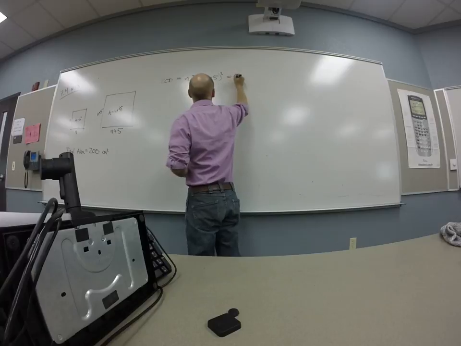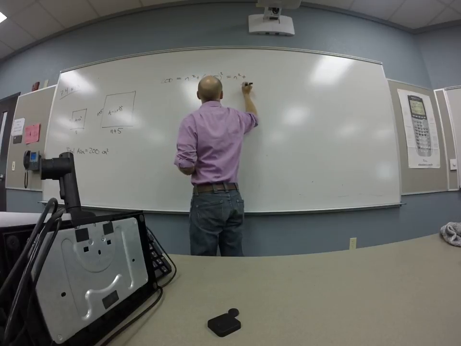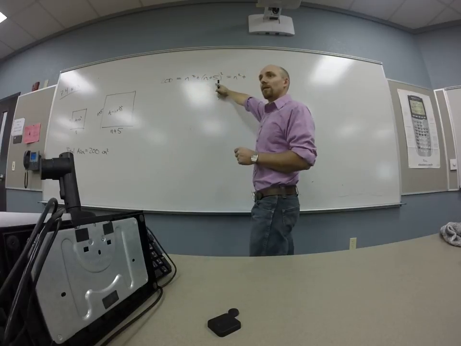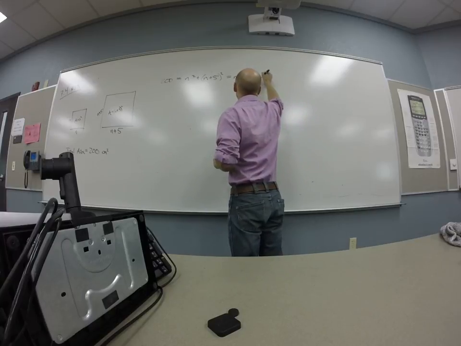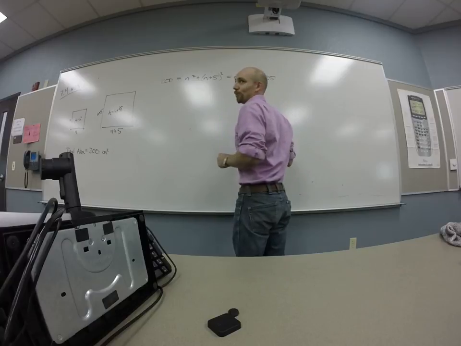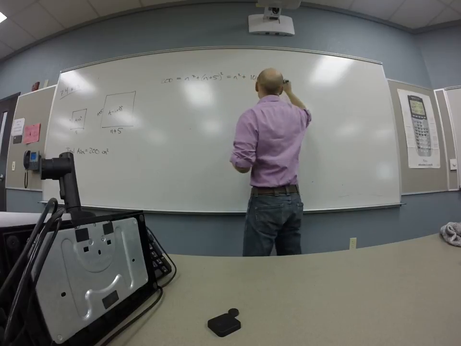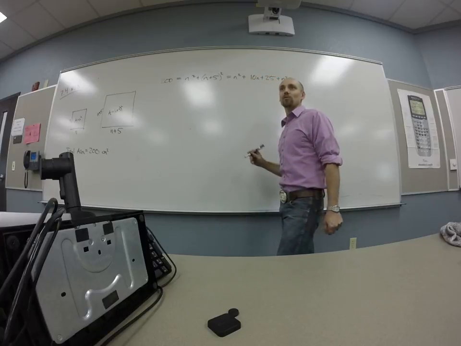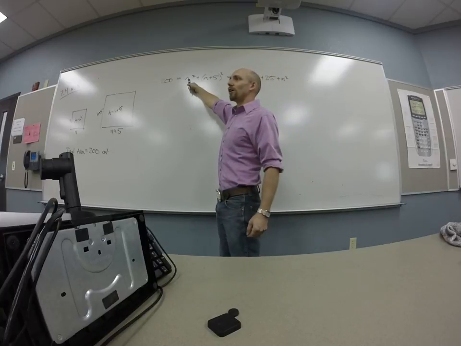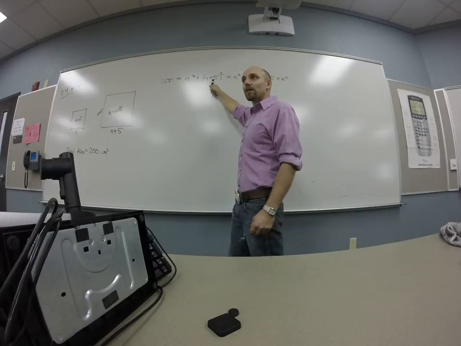Let's multiply everything out. So I get n squared plus, what do you guys get when you multiply this out? 10n plus 25. But you also have a plus n squared. Okay, I almost lost an n squared because there was one in the other thing. There was one here, and I got one out of here.